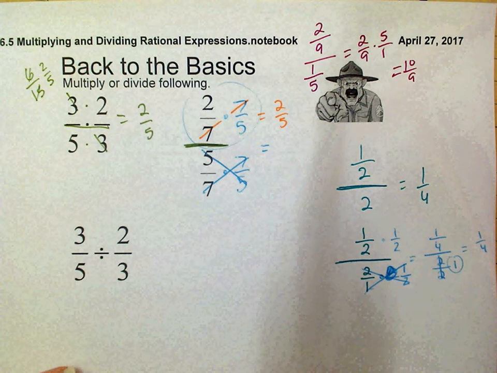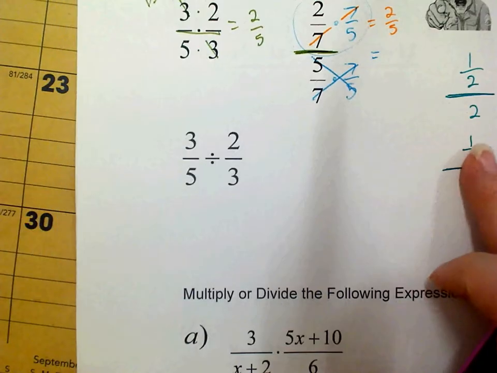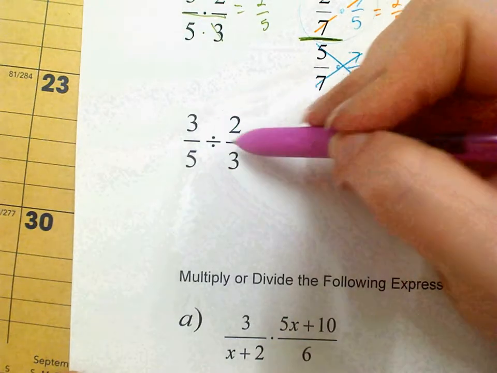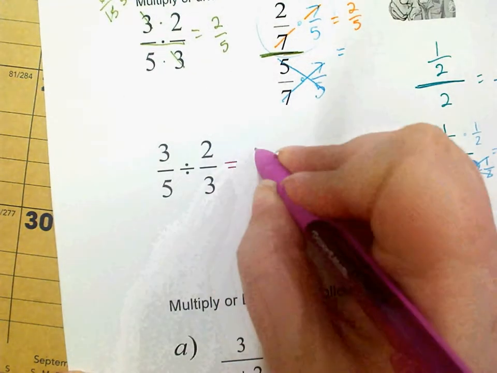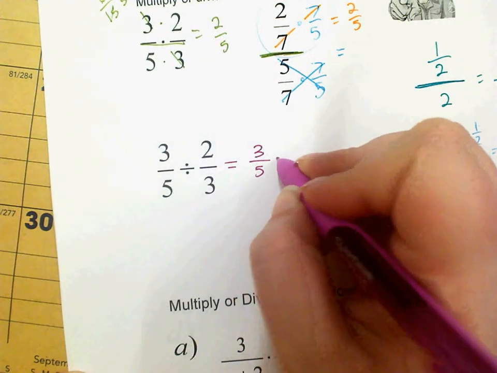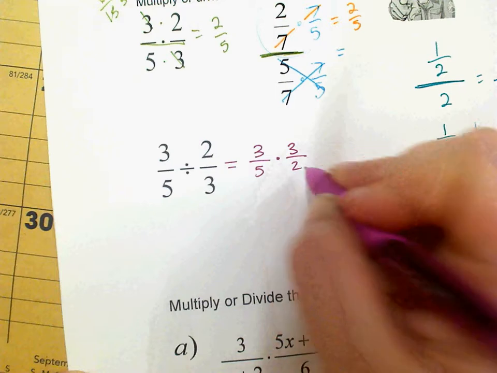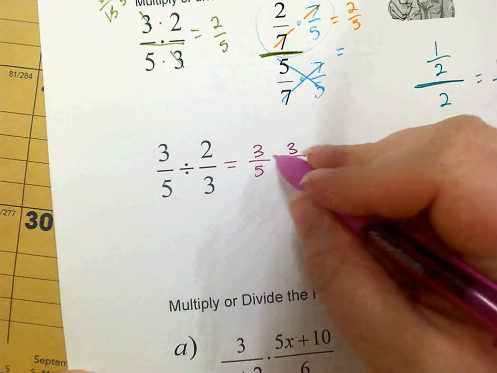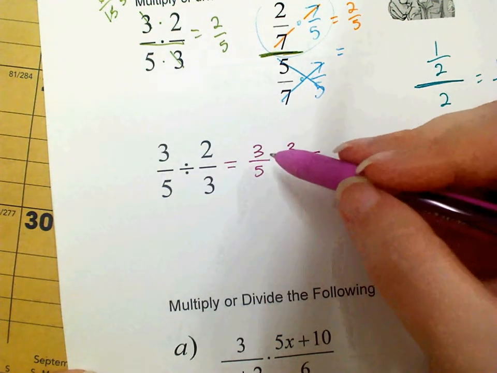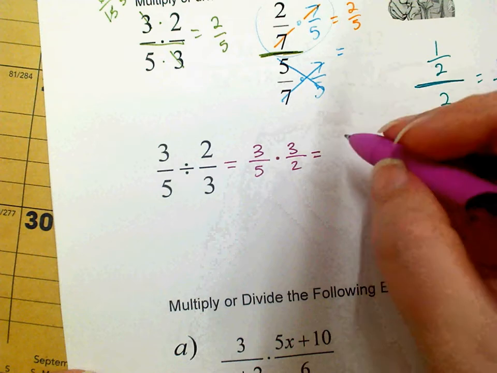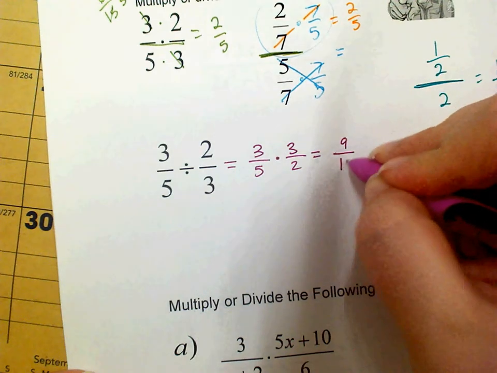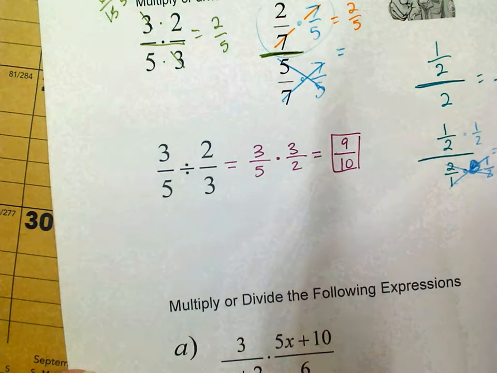So when it says 3/5 divided by 2/3, I want you to recognize that as just 3/5 times 3/2. Then I multiply straight across, always checking to see if anything simplifies. 3 and 3, 5 and 2, nothing simplifies. So I've got 9/10, and there's my answer.